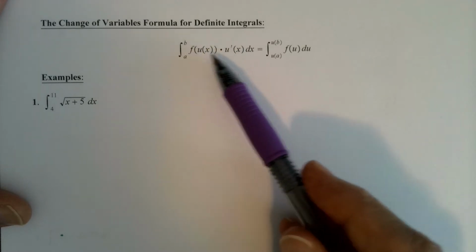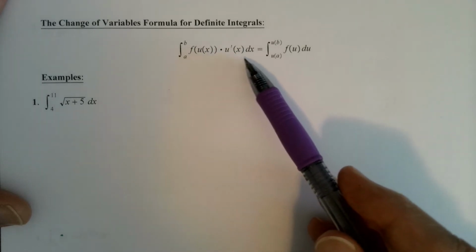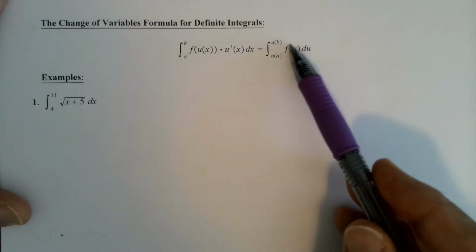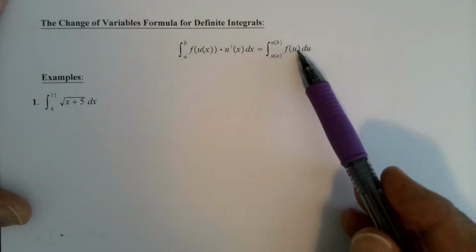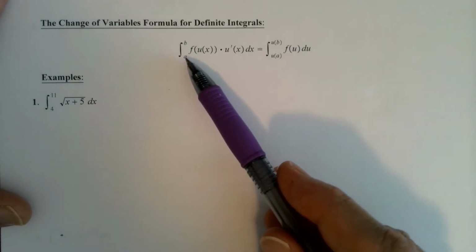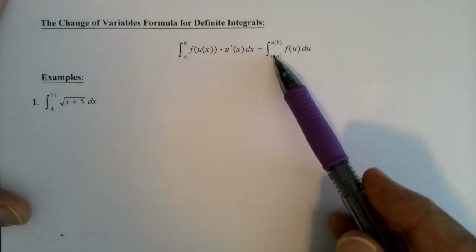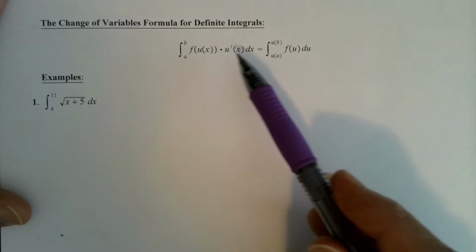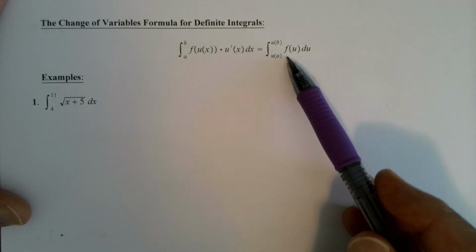But when we do that substitution, we need to not only change everything over to this new variable u from x to u, these limits of integration are going to change as well. And so the way we're going to proceed is to transform the entire definite integral into another definite integral, and then evaluate that definite integral.